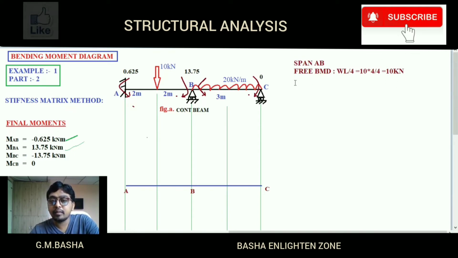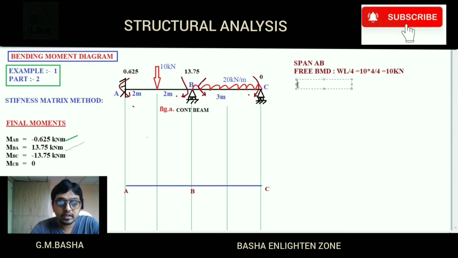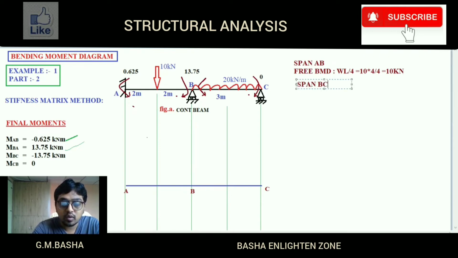Again, the free BMD for span AB, and again for span BC, what is the formula for finding the ordinate? That will be equal to WL square by 8, W into L into L. It is not possible to write L square here, that is the reason I am taking WL square by 8.